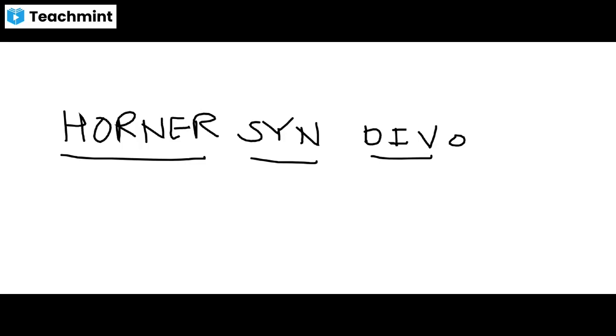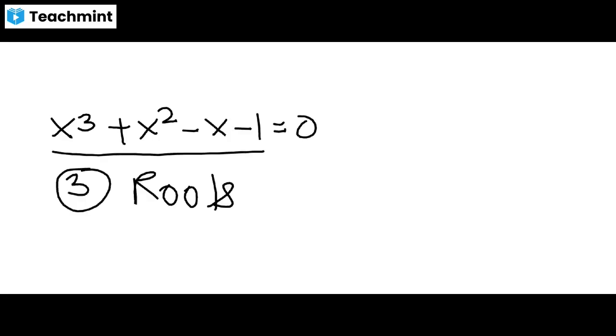For that we will consider, for example, a cubic polynomial like x cube plus x square minus x minus 1 equal to 0. This is a cubic polynomial, so it means it will have three roots, right? So we have to find these roots, right?